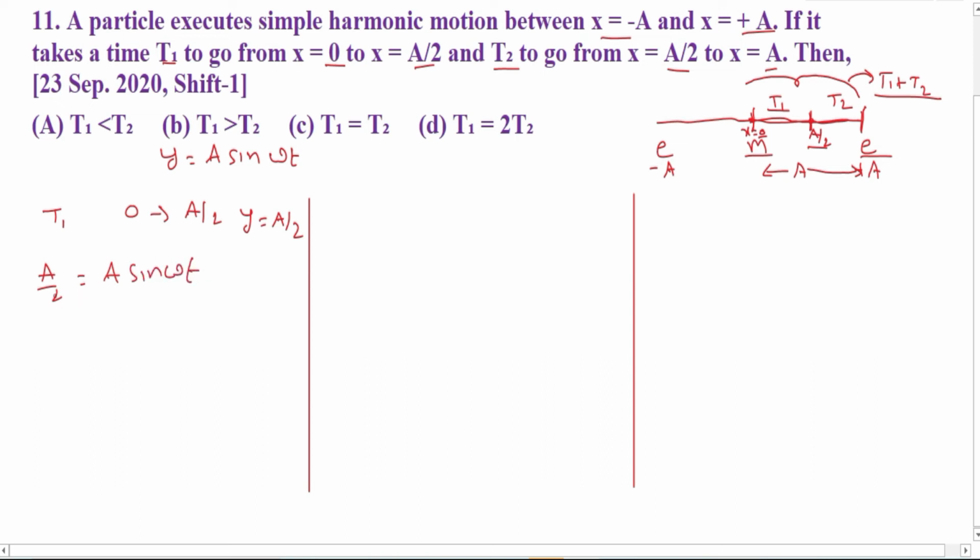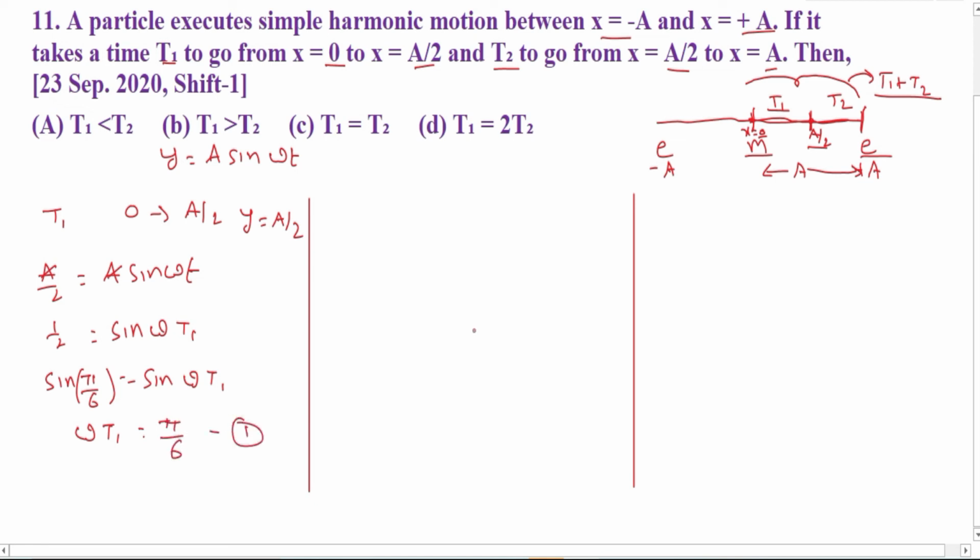The a will get cancelled, so 1 by 2 is equal to sine omega T1. That is sine pi by 6, which is 30 degrees, equal to sine omega t1. So omega t1 will be equal to pi by 6. This is case 1.